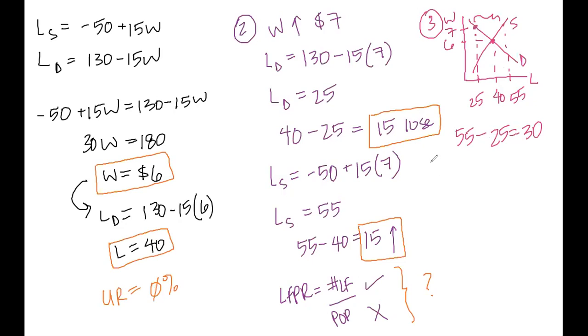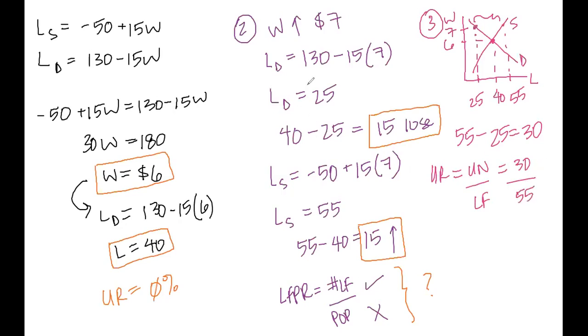So then we know our unemployment rate equation is the rate equals the amount of people unemployed over the amount in the labor force. So we just solved for the amount of people unemployed, which is 30, and then we already said that the amount of people in the labor force is now 55.